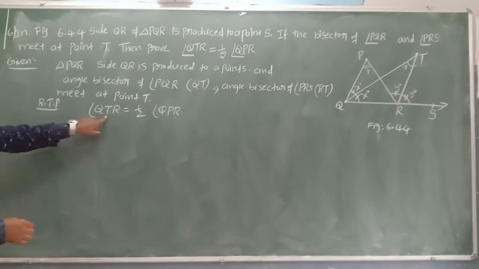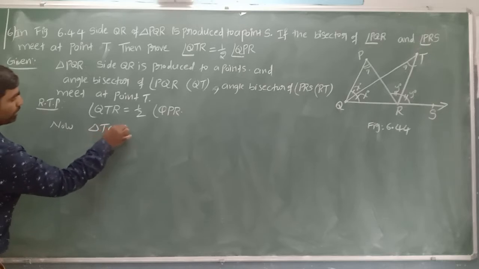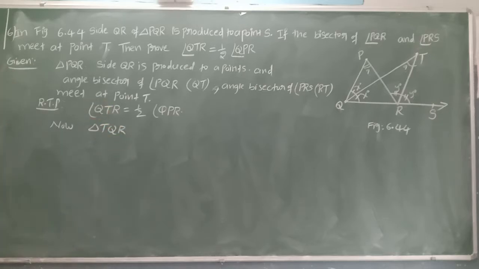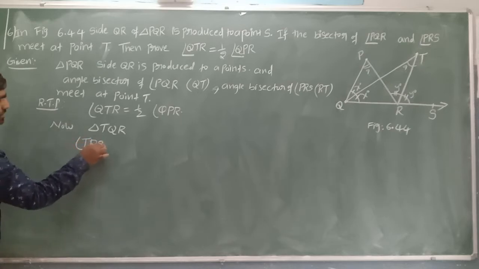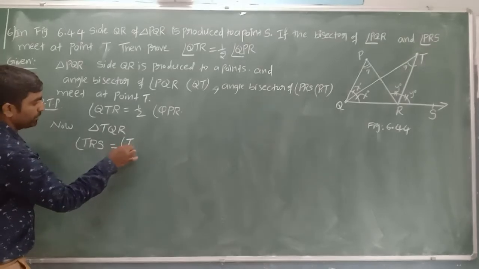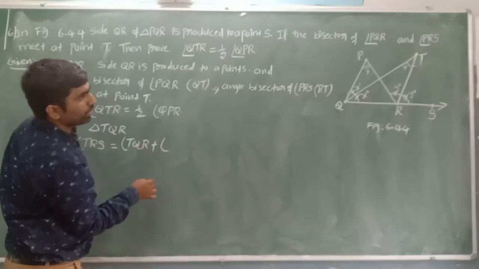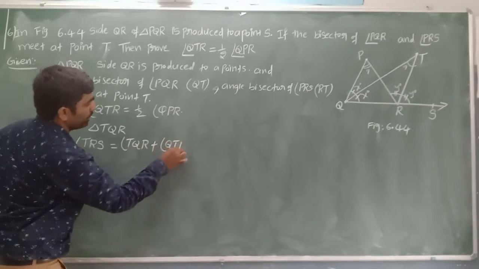Now to know this angle QTR, I am taking triangle TQR. Angle TRS exterior angle is equal to angle TQR plus angle QTR.